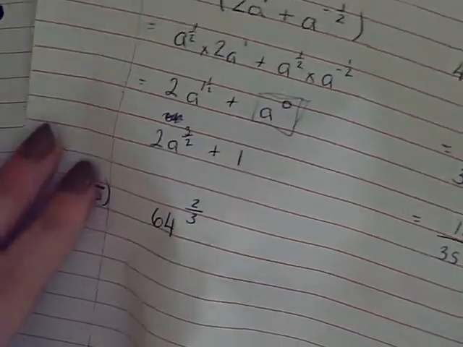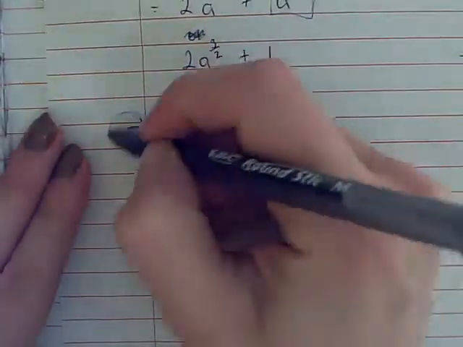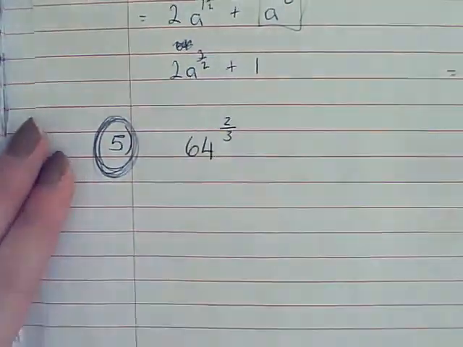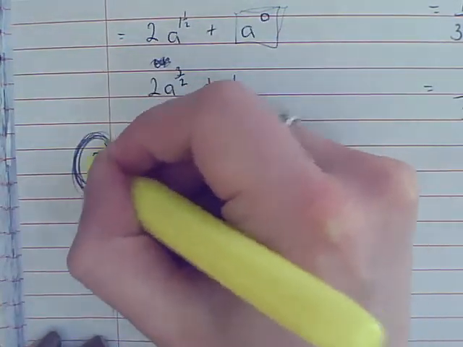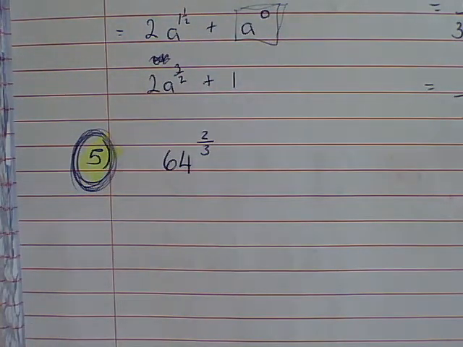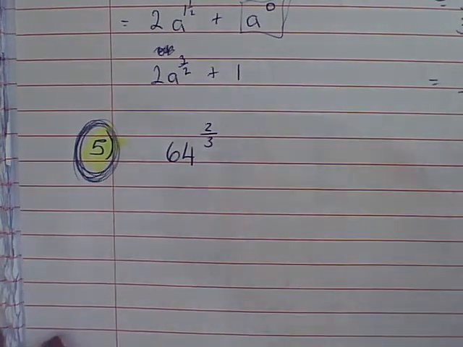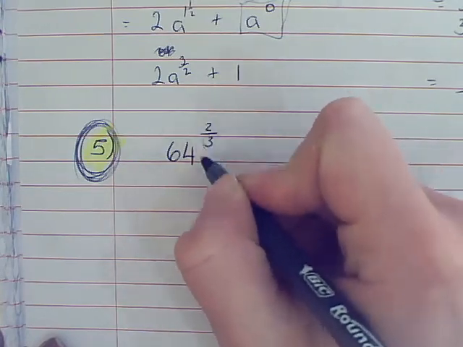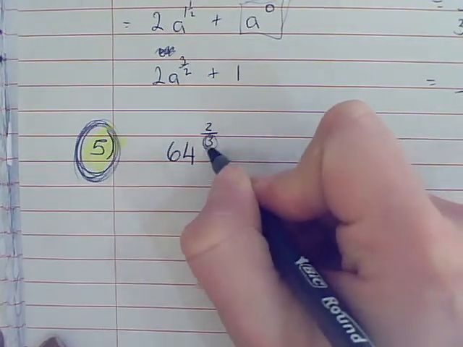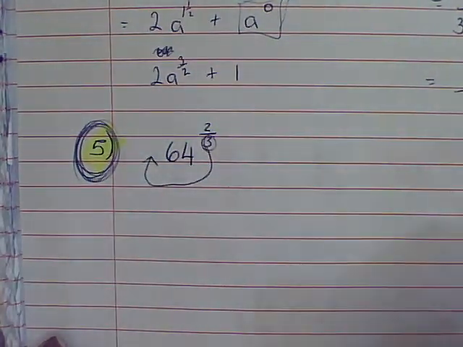Okay, last one. Now, these questions, super important. This 3 on the bottom, so this means 64 to the power of 2/3. This 3 on the bottom swings out and round.